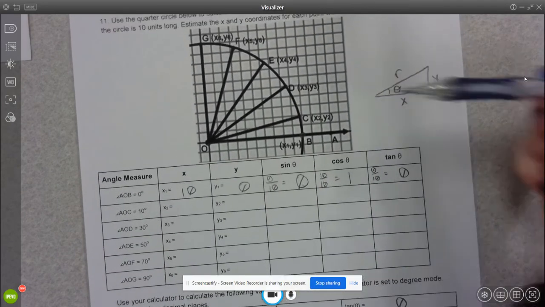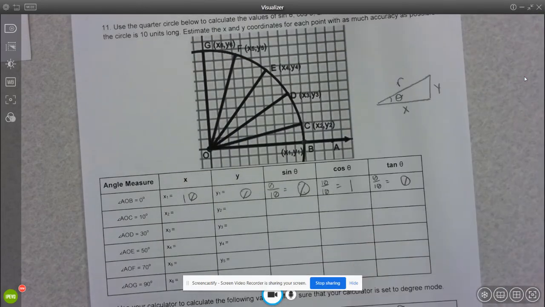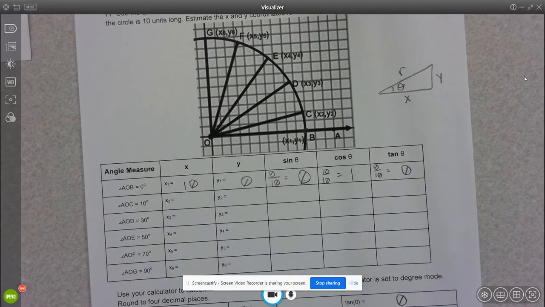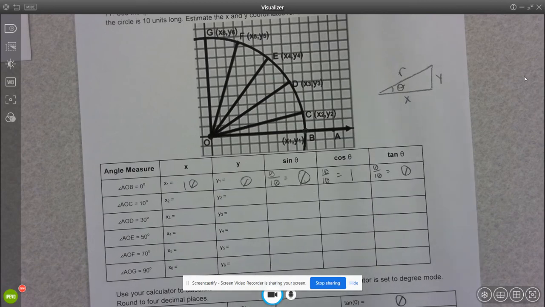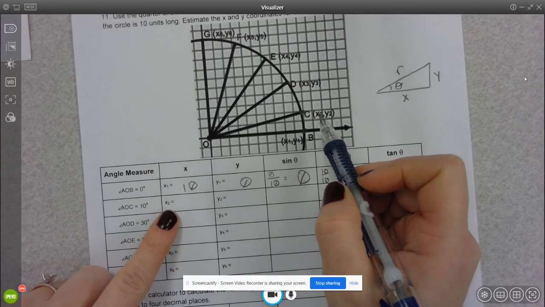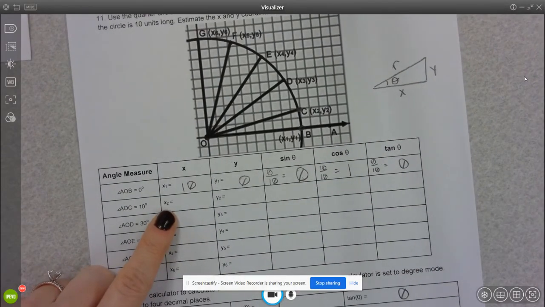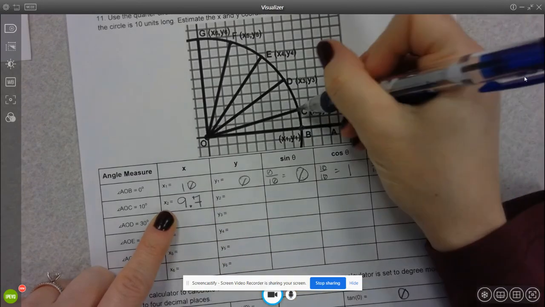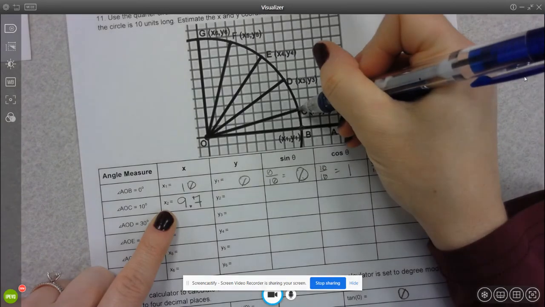Now, when we move to C, D, E, F, we're going to actually have to guesstimate a little bit and do our best to kind of judge where we are and go from there. So for C, let's see. I estimated this as 9.7 because it's not quite to 10.